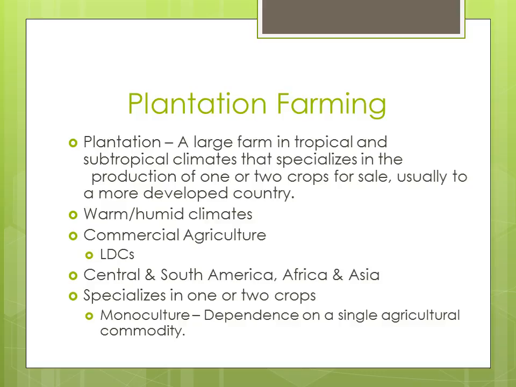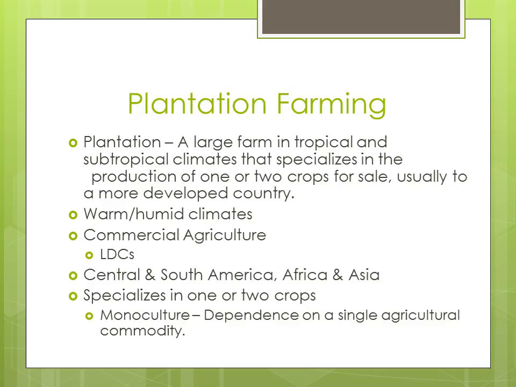But this is a form of commercial agriculture that we typically see in countries of the periphery and semi-periphery, LDCs, less developed countries, and that is plantation agriculture. A plantation is a large farm in tropical and subtropical climates that specializes in the production of one or two crops for sale, usually to a more developed country.